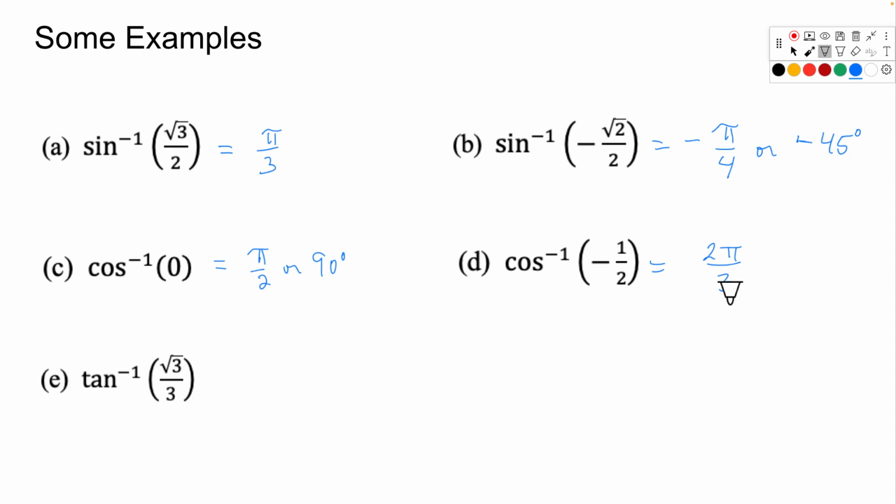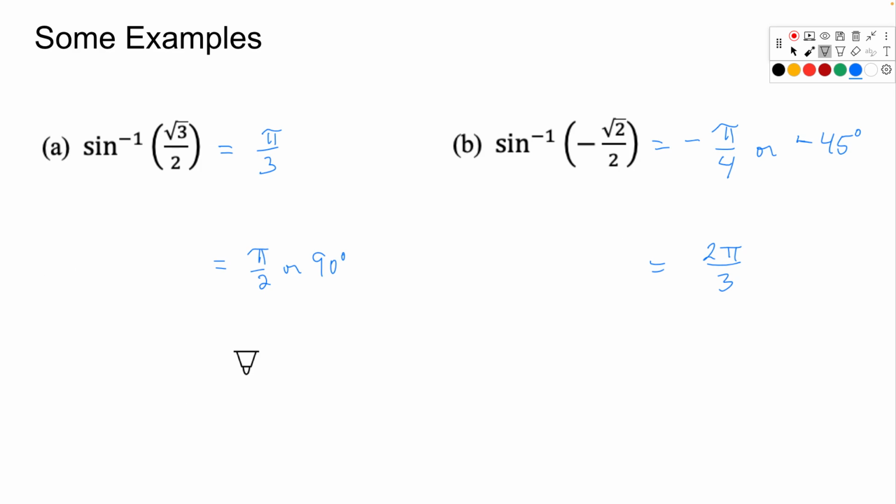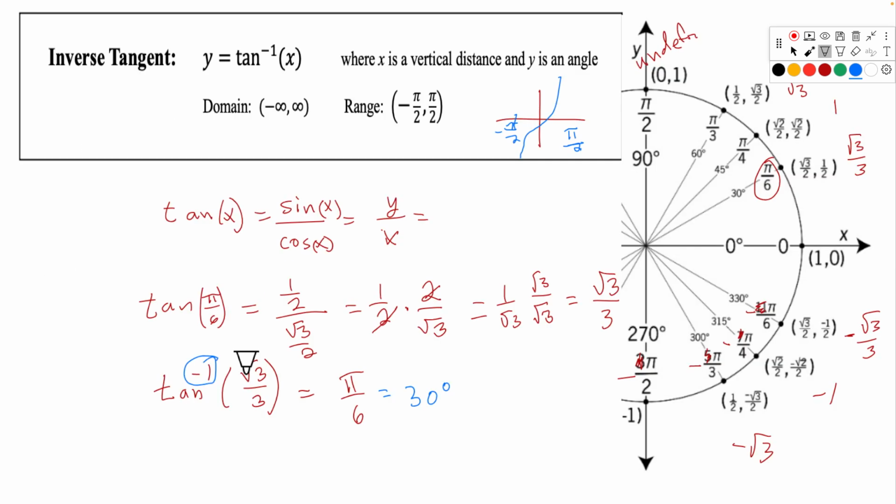Tangent, and remember this is one where you're going to want to make those ratios because you're not going to see them in the x and the y. It's the ratio of y divided by x. So square root of 3 over 3, we'll go back to our tangent. Here's our tangent. Square root of 3 over 3, we did that one. It's going to be pi over 6.